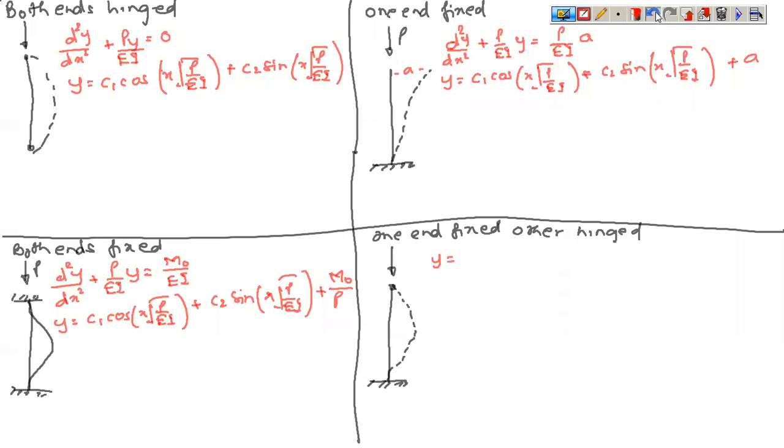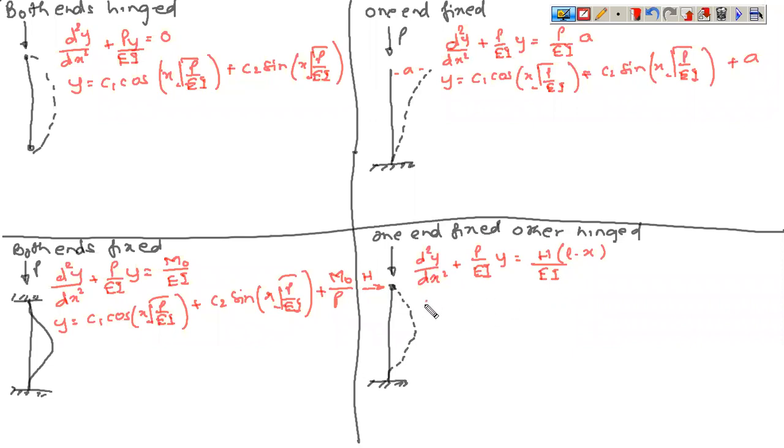And if you look at the fourth case, the equation was d2y by dx2 plus P by EI into y is equal to H into L minus x, where H was the imaginary force that you had applied here. And the solution came out to be this divided by EI.